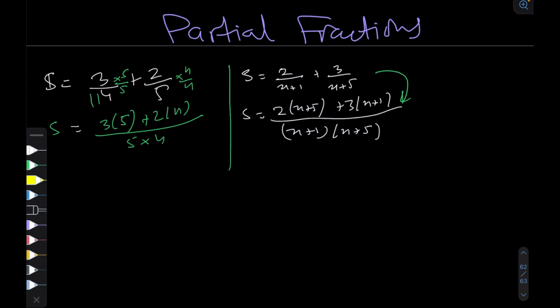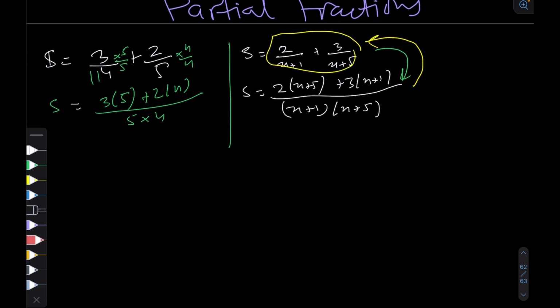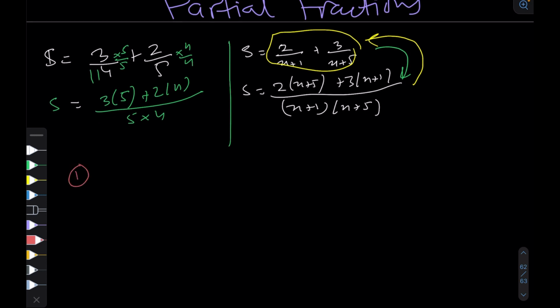When we say that we want to split this thing into its partial fractions, what we really mean is that we want to go back to this state. Before I start, I should mention that the things I'm assuming you already know is, number one, that you should know how to factorize cubics, right?